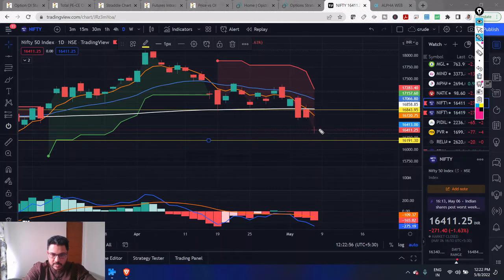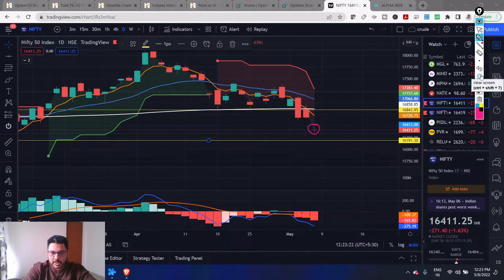Base formation cannot be one candle; there can be multiple small candles for a couple of days, and then there can be a drop or a rally. So two things can happen. But yes, one daily candle is not enough for base formation.